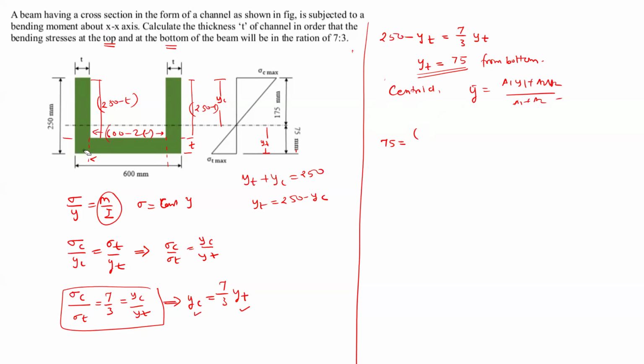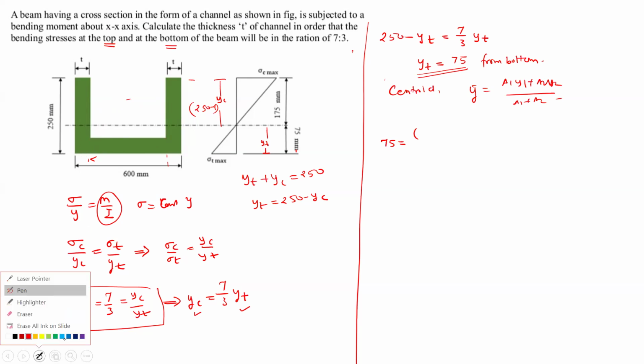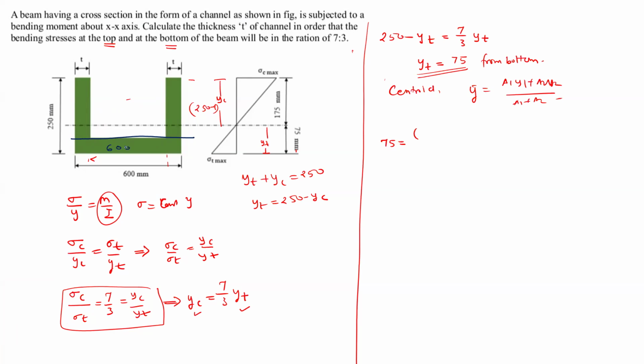Let us split this into, let's say, this area. So this will be 600, and this thickness will be T, so it will be 600 into T. Where will be the CG of that? From the bottom, it will be T by 2.